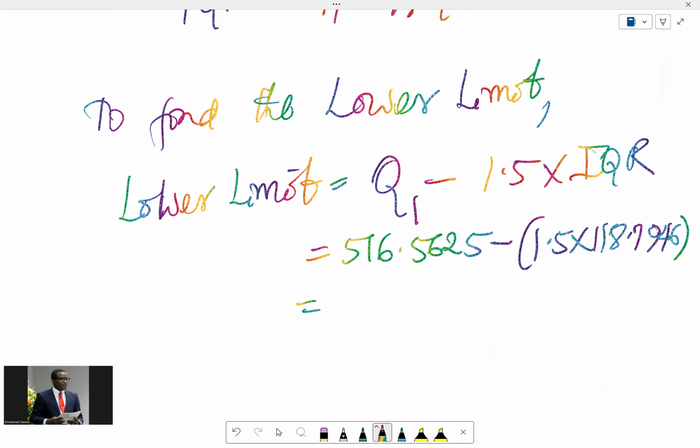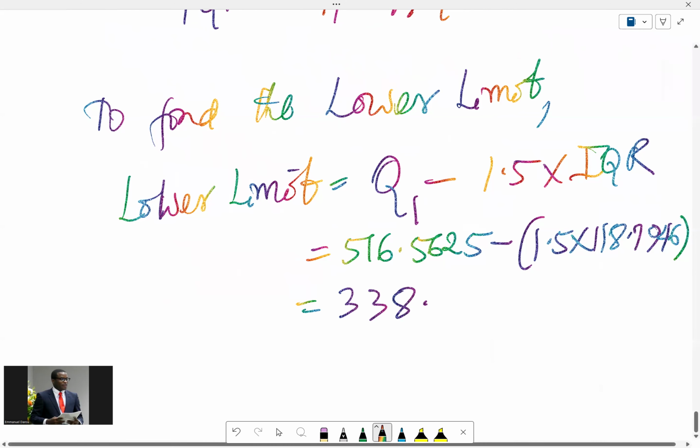So that gives us 338.3706. This is the lower limit.